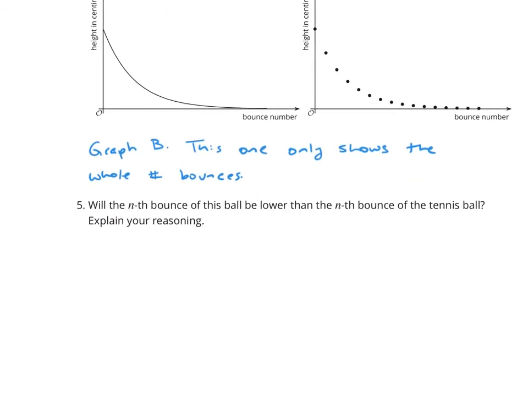Last question. Will the nth bounce of the ball be lower than the nth bounce of the tennis ball? So if we think back to the tennis ball, we know that the tennis ball has a lower growth factor. So therefore, the height of this ball in this situation will not be lower than that of the tennis ball, because we're assuming they were both dropped at the same height based on what we found out, and this one has a greater rebound factor.